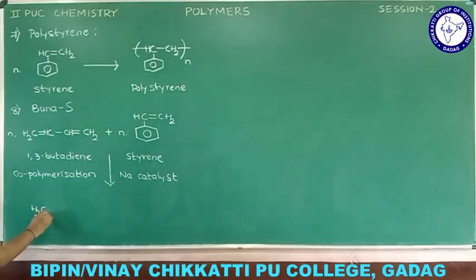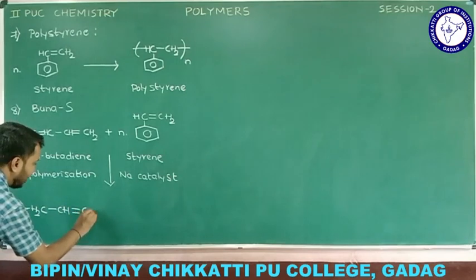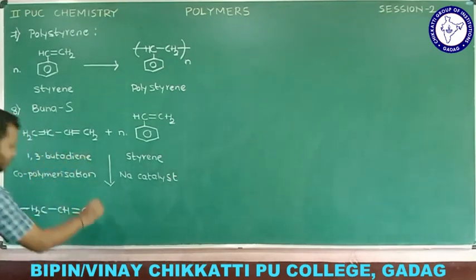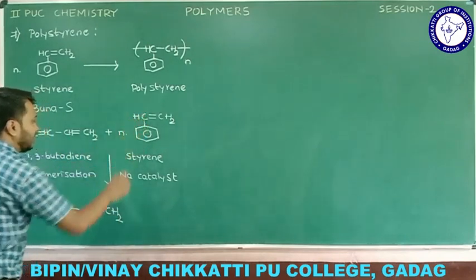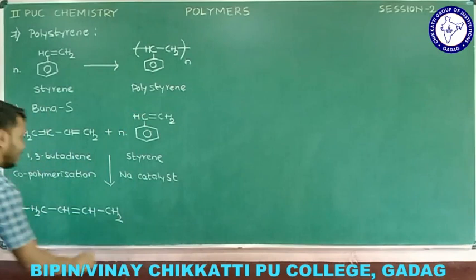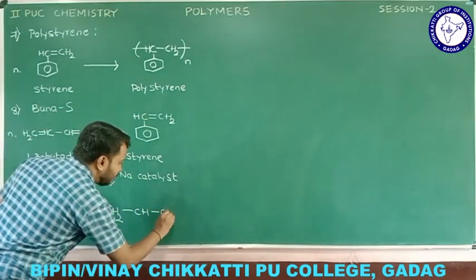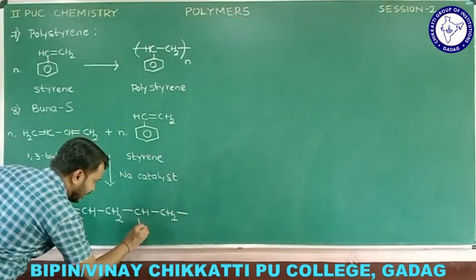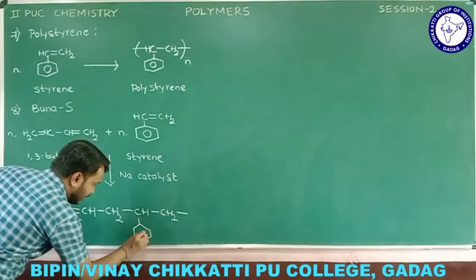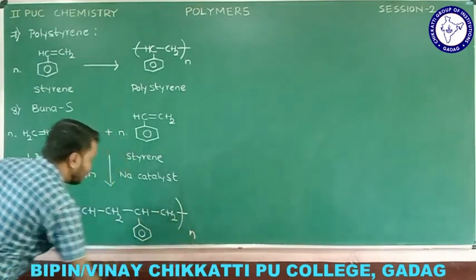So CH2, on the left side the bond extends, okay, we have a double bond, I am going to convert it into a single bond, okay, and the CH, single bond and double bond, we have CH2, and this carbon is going to be joined or linked with the carbon of styrene, okay, and we have again CH and single bond CH2, the bond exists, and to this carbon we have a benzene ring, we can write above or below, okay, and that would be the structure of Buna-S.